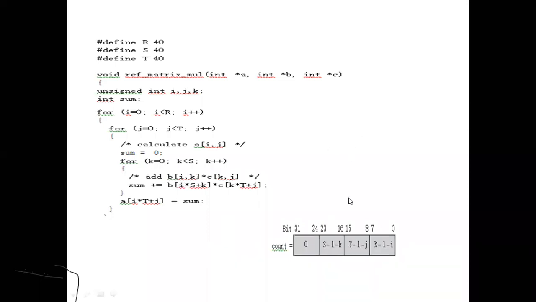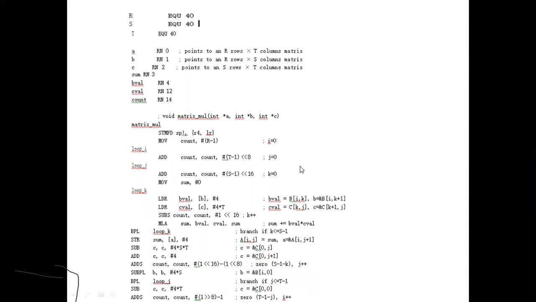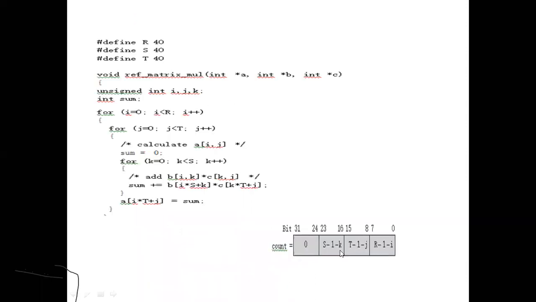This is how you can convert your code into registers. Just don't go deep into the things here. Just remember how we are going to store these values into registers.